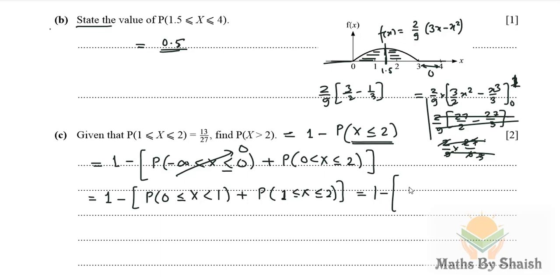So 2 by 9 into 7 by 6 plus the given value 13 over 27. So we got this value as 1 minus, we require denominator 27, so we can cancel this. 9 times 3 is 27, so 1 minus, denominator is 27, 13 plus 7 becomes 20 over 27, that is 7 over 27, and that's the probability.